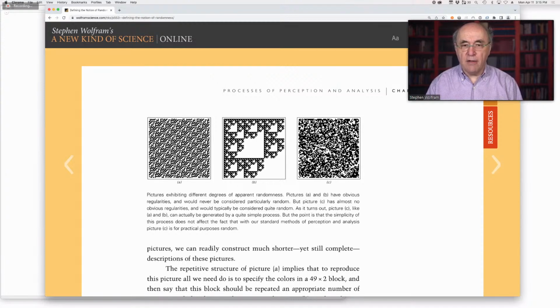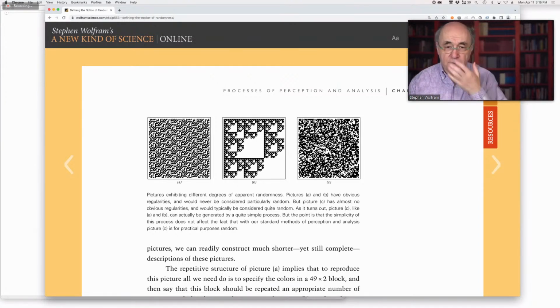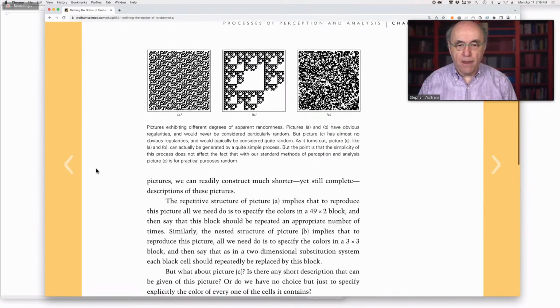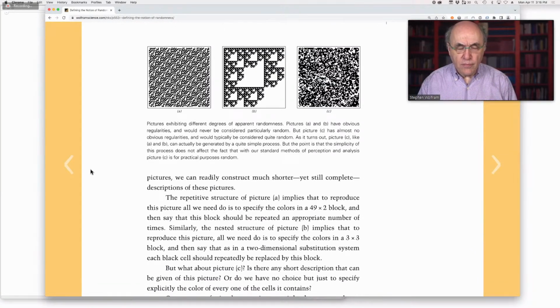Whereas with this one here, our visual system does not readily discern what seem to be genuine patterns in this picture. And so that's the question of randomness: can we readily discern patterns in what's going on?